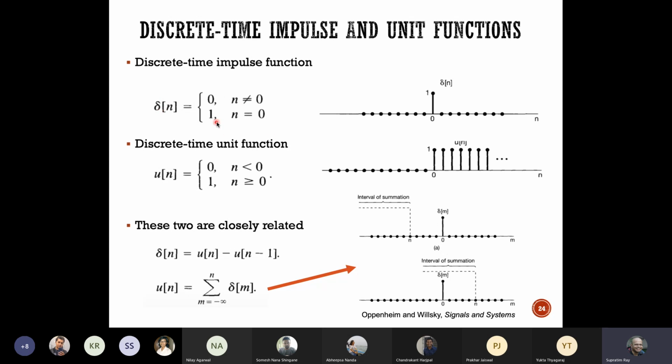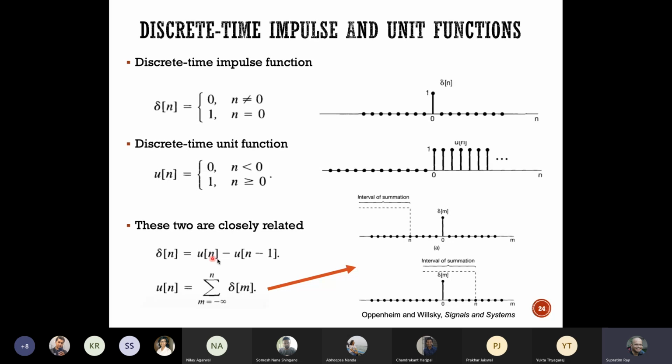It's easier to understand than a continuous version of this. So it's 0 for n not equal to 0, and at n equal to 0, it takes a value 1. That's the impulse function. And we also talk about what is called a unit step function, which is 0 for n less than 0, and then it becomes 1 everywhere.